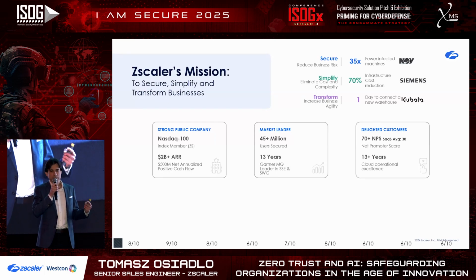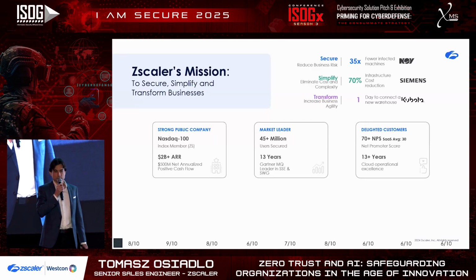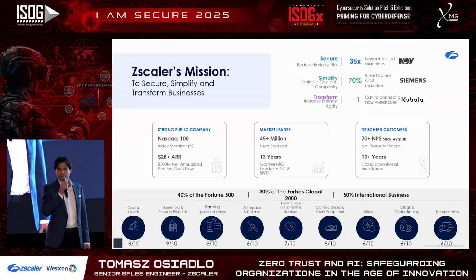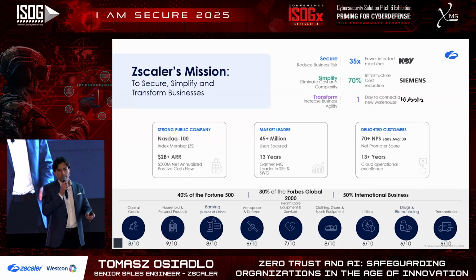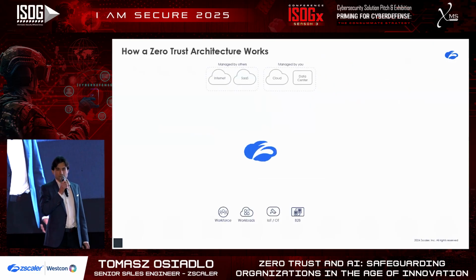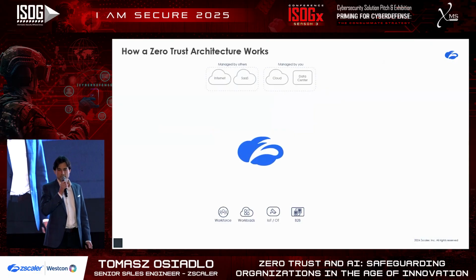And we are also proud of delivering inline mission critical service for 13 years to some of the largest enterprises in the world. As you can see, 40% of companies from Fortune 500 are using Zscaler, and that's consistent across all major verticals. So let's talk about zero trust architecture.